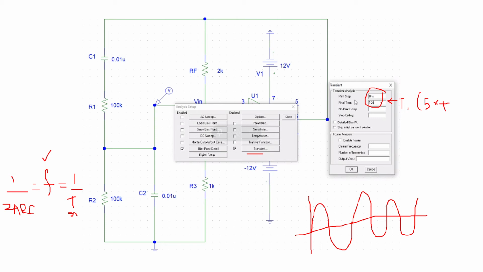Don't put so many that we cannot see any oscillation. Put some limited value, at least 5 or 10 times the period of the oscillation.